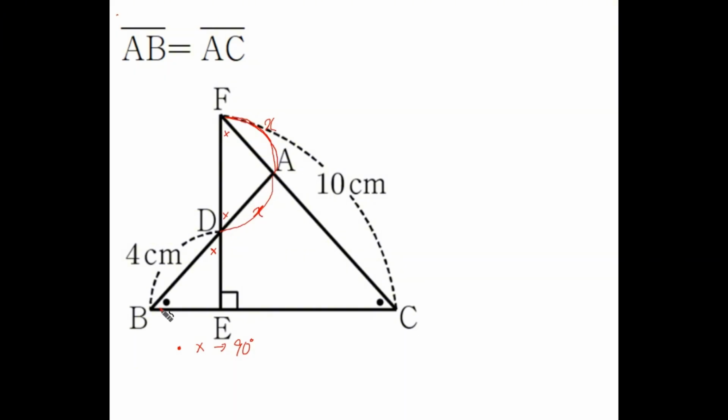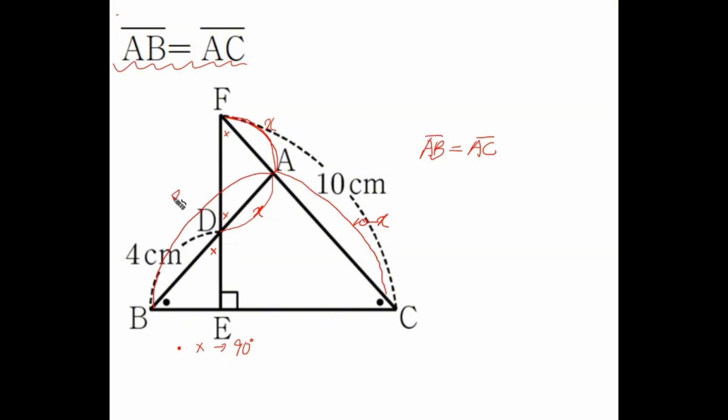Triangle ABC is isosceles triangle. So AB equal AC. Here this is 10 minus x.